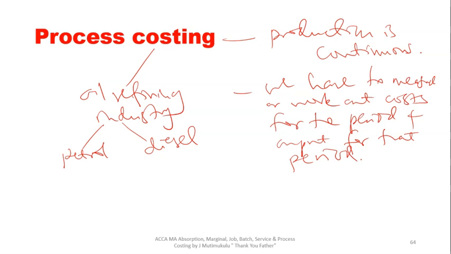Okay, so if we start a period with certain materials, and then at the end of the period all the materials and the finished goods would have been done in that particular period, then that would be actually a very easy way of doing things.